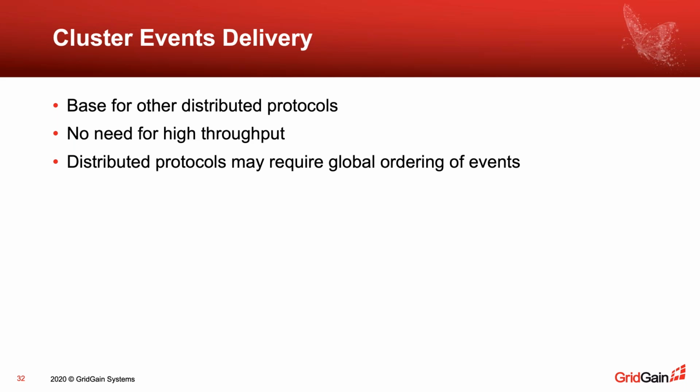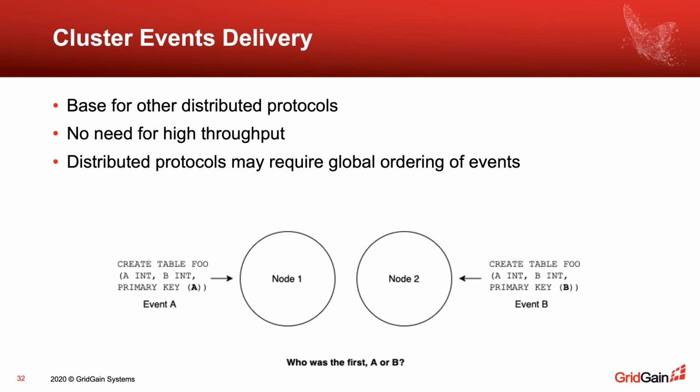And let's illustrate with an example. So say we have a system with 2 nodes, a distributed system, and at the same time 2 events try to happen. One node tries to create a table, and the other node tries to create a table, and the table is called the same but has different properties.